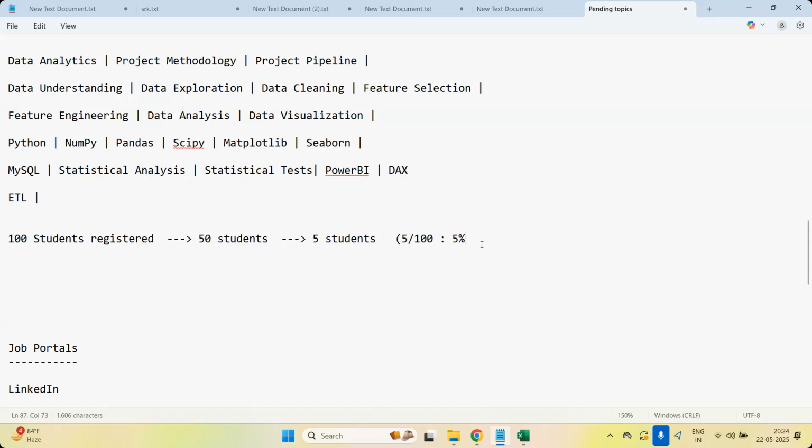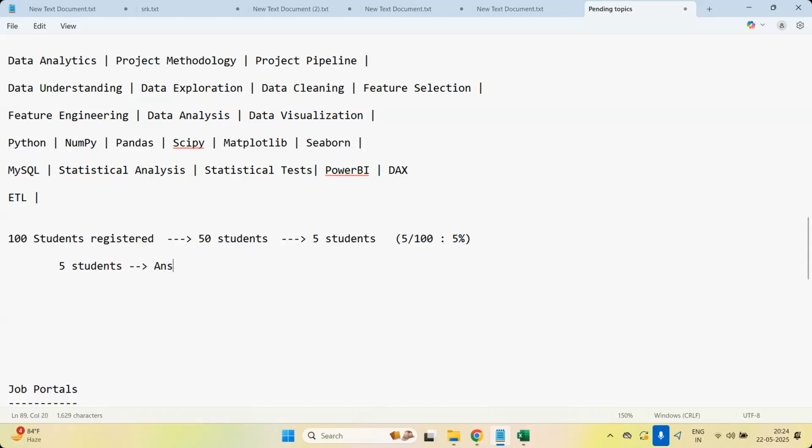Absolutely not wrong. That is their individual choice. The only thing is, once they come into reality, for these 5% , 5 students, at the end of the course, if these 5 students come to me and ask, sir, what about the jobs for us, I will at least give an answer for them.